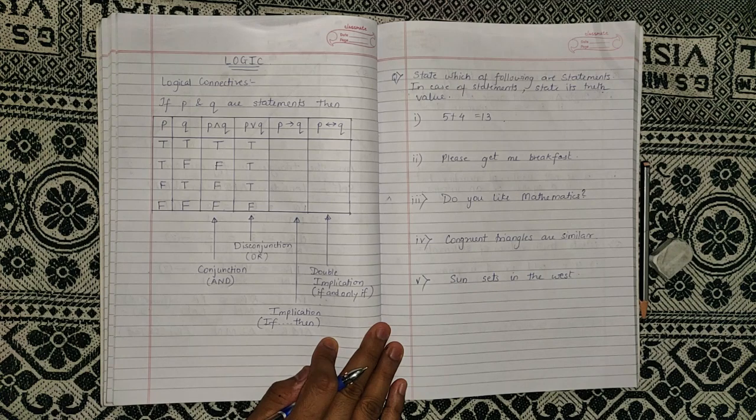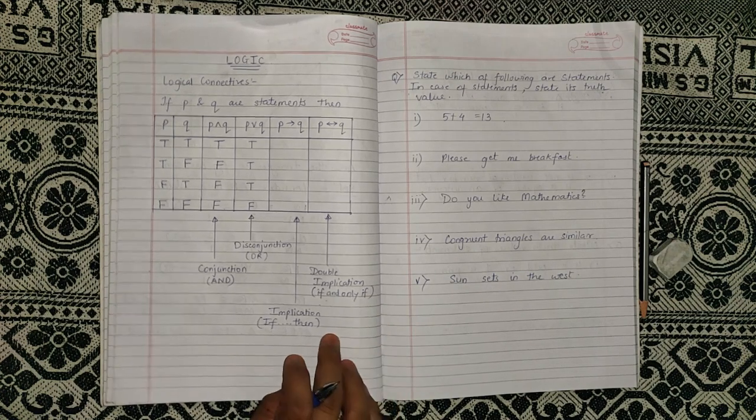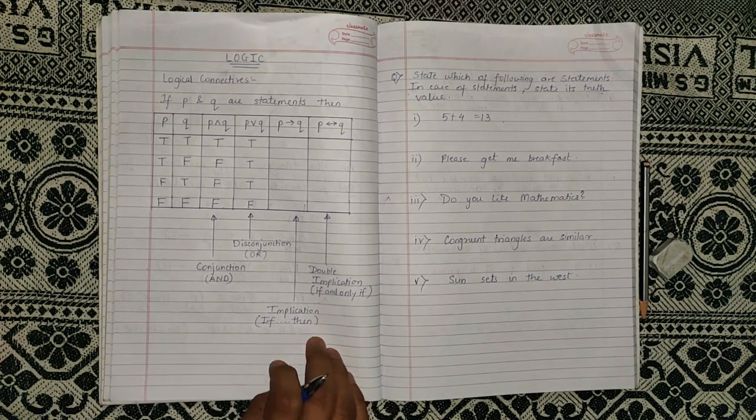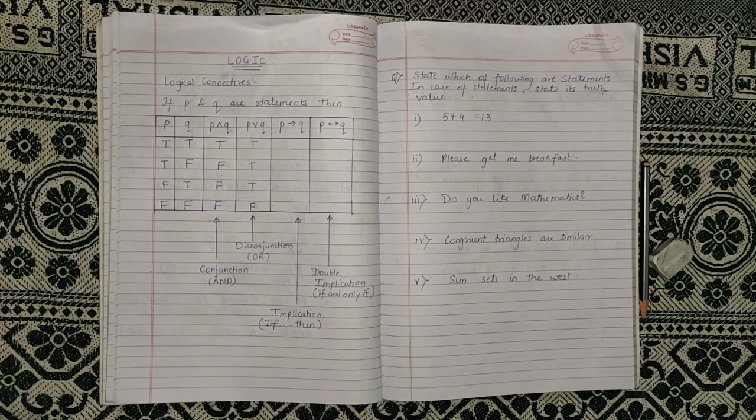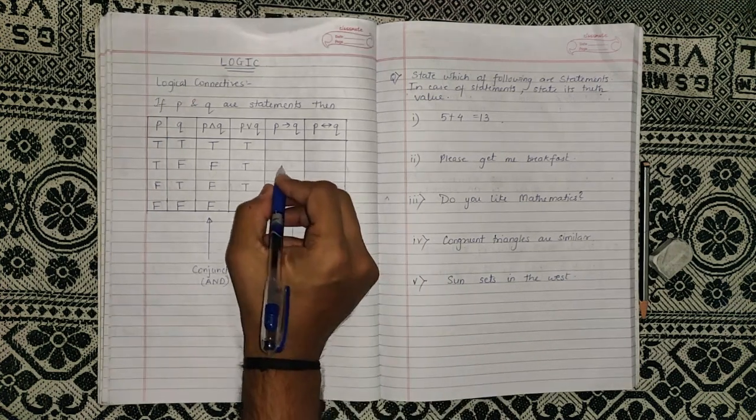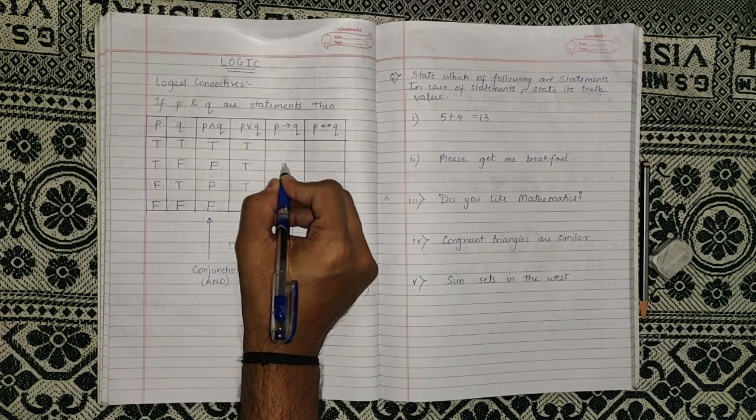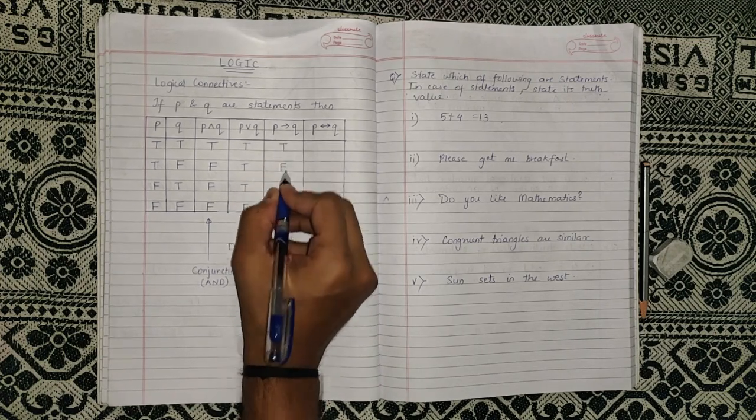Now in the case of implication, I told you that if statement P is true and statement Q is false, then your implication statement is false and the others are true.